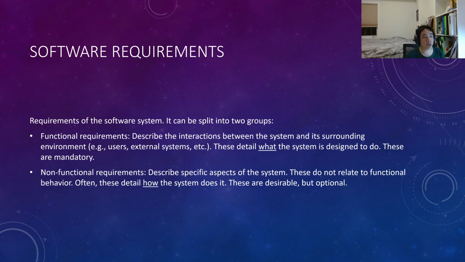These requirements detail how the system fulfills the functional requirements. They answer the how, not the what. And for these requirements, it would be nice if you can achieve them, but you don't have to achieve all of them. They're there to make sure that the system will perform the functional requirements as best as it could.